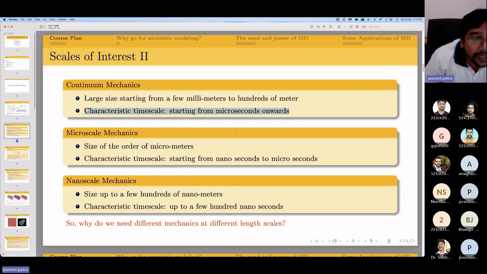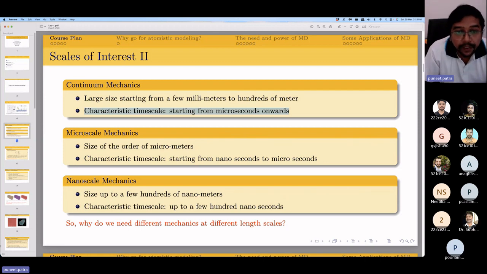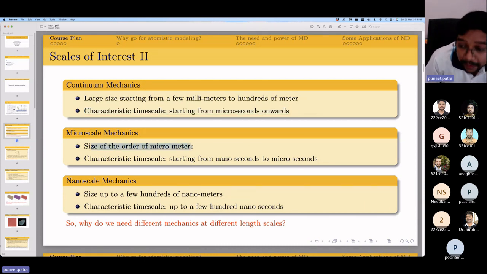On the other hand, if we go down one scale, where we are looking into a few grains together, we are working with what is known as microscale mechanics. Here, the size is of the order of a few micrometers, that is 10 to the power minus 6 meters.